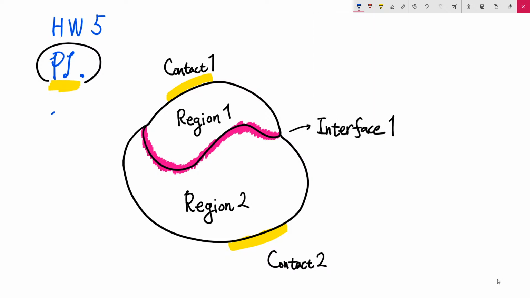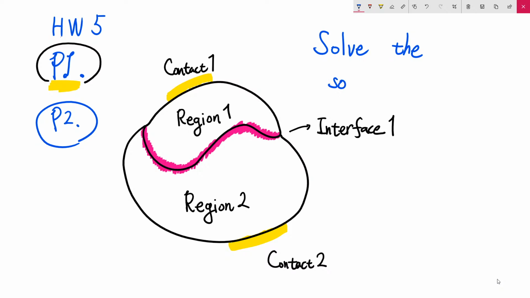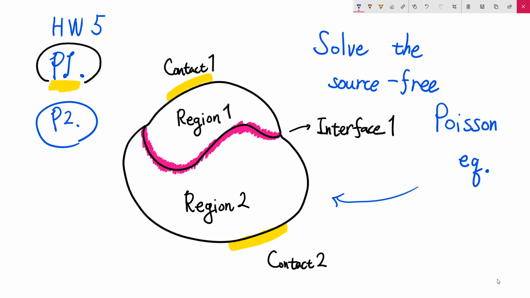Simply speaking, homework problem 2 is now to solve the source-free Poisson equation for an arbitrary structure.